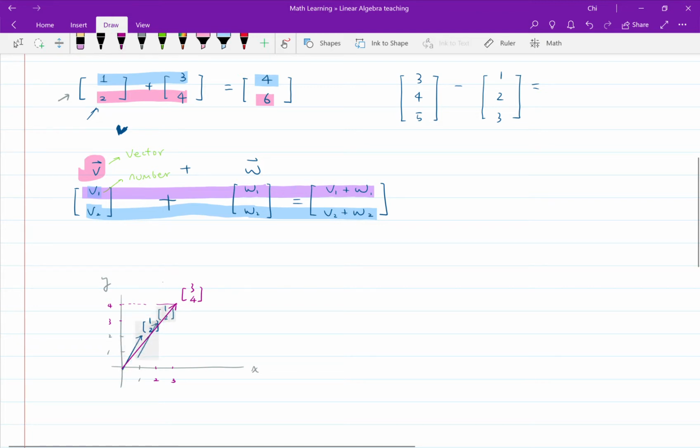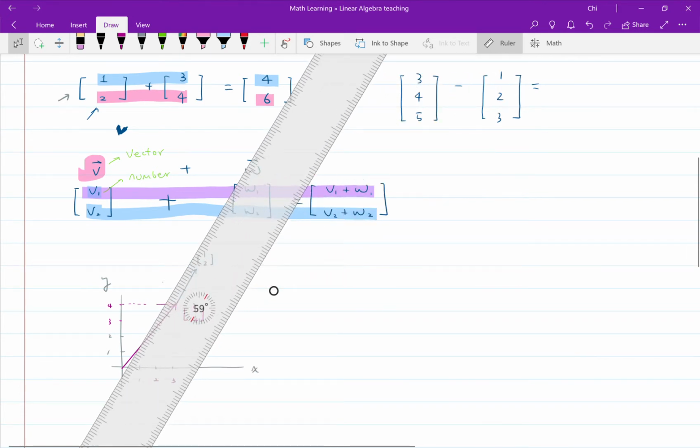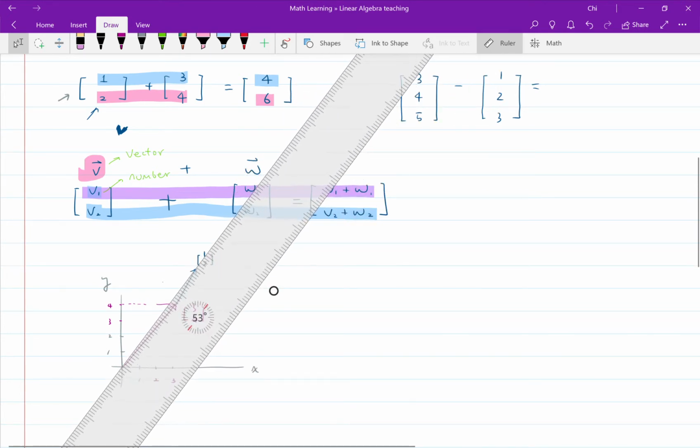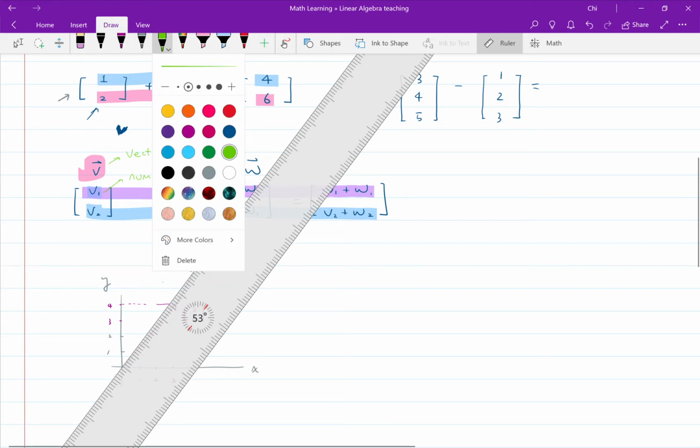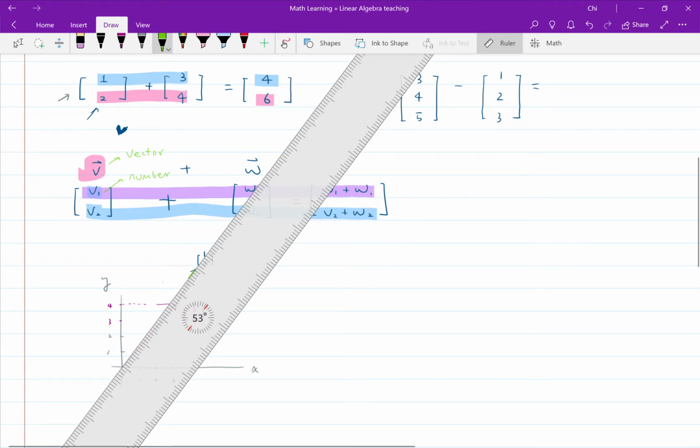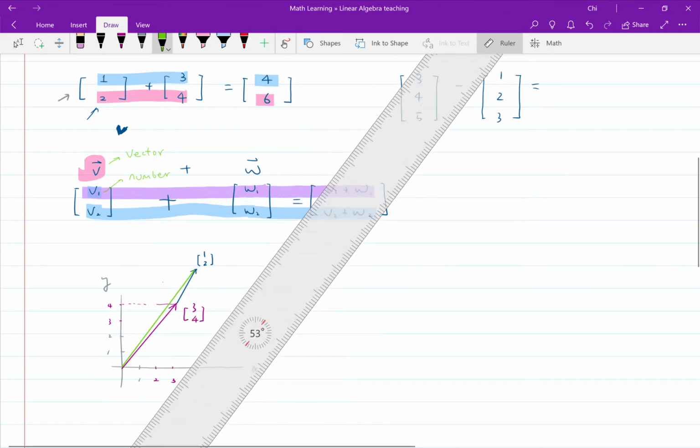So we move it all the way up here, and let me move this away. Now the result of this operation is obtained by connecting the endpoint and the origin. The result of this addition is this green line.